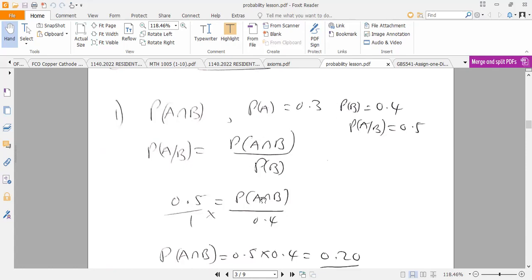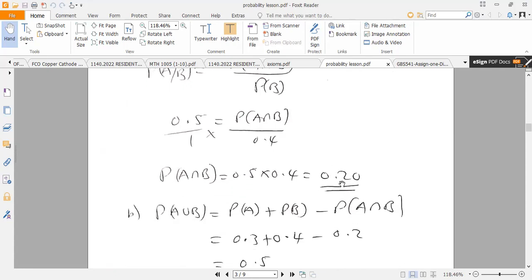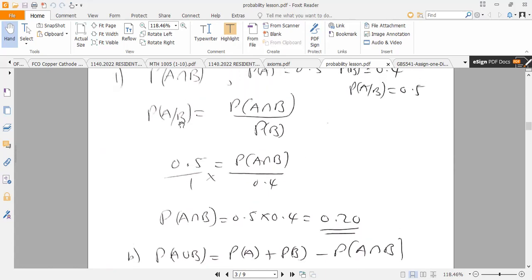Then we are looking for A intersection B. We cross multiply: 0.4 times 0.5 gets 0.20. So this is how we find the intersection of A and B using Bayes' theorem. If you mess up and put an A there instead of a B, your answer will be wrong.